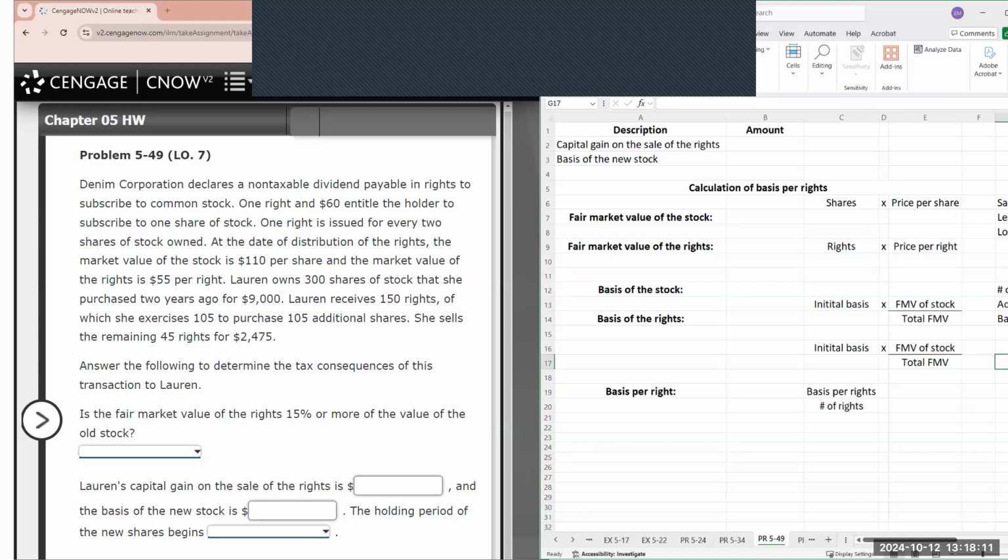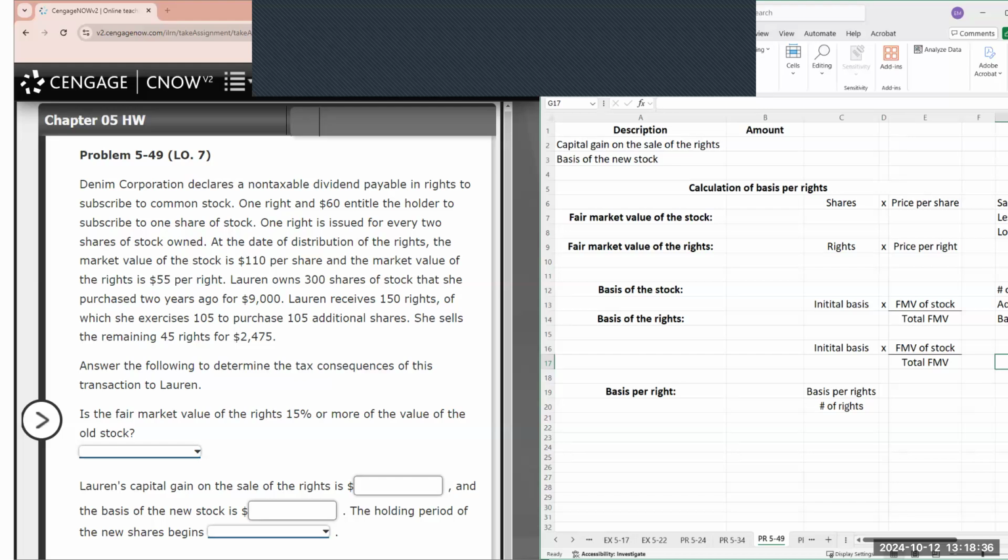And the basis of the new stock is the basis of the rights plus any amount of any other consideration given. So when stock rights are not taxable and the value of the right is less than 15% of the value of the old stock, the basis of the right is zero. However, the shareholder may elect to have some of the basis in the formerly held stock allocated to the rights.